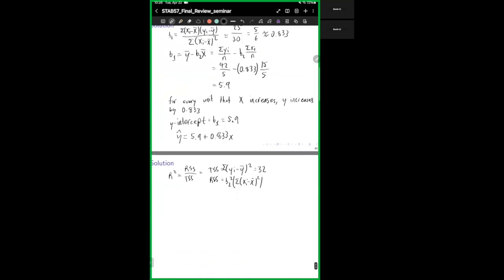Okay, so we have this one, which is equal to 0.833 squared times this one, which we already determined from above as 30. So this one is equal to 20.833.